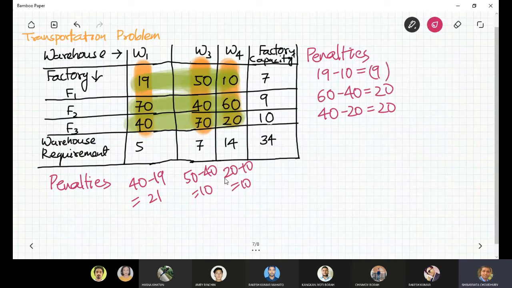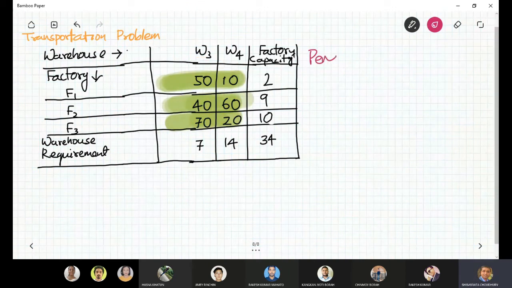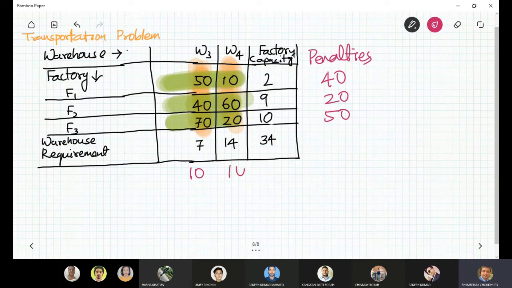So the penalties are 9, 20, 21, 10, 10. The maximum is... penalties would be 50, 20, 50, 10. These are the penalties.